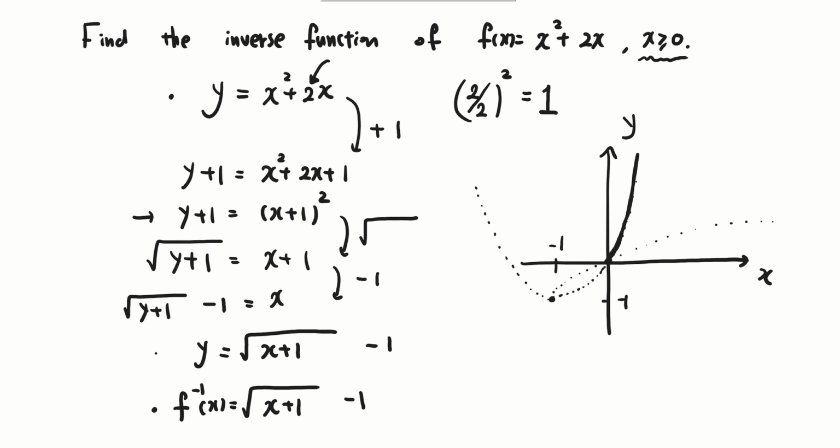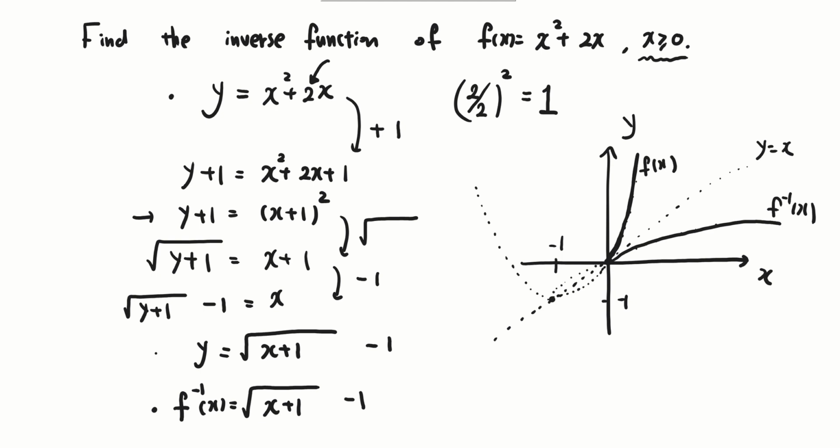So if I sketch y is equal to x, this is y is equal to x. If you reflect the graph of f of x over y is equal to x, the graph should look like this. This is f of x, and this is f inverse.